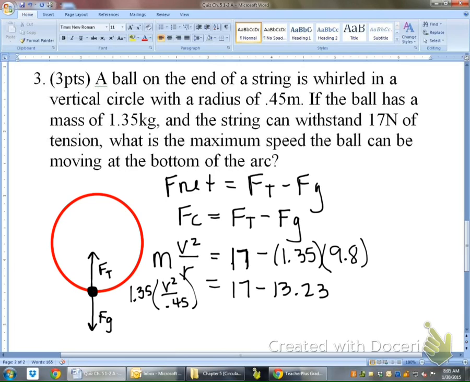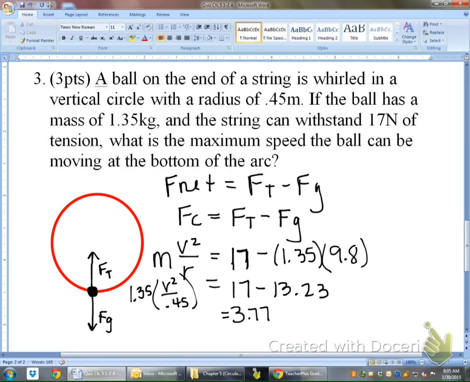All right. So we'll combine our terms on the right. 17 minus 13.23 is 3.77. So that still equals our whole term here on the left.